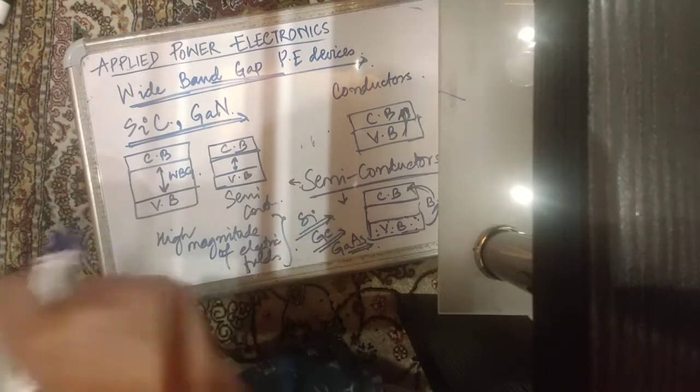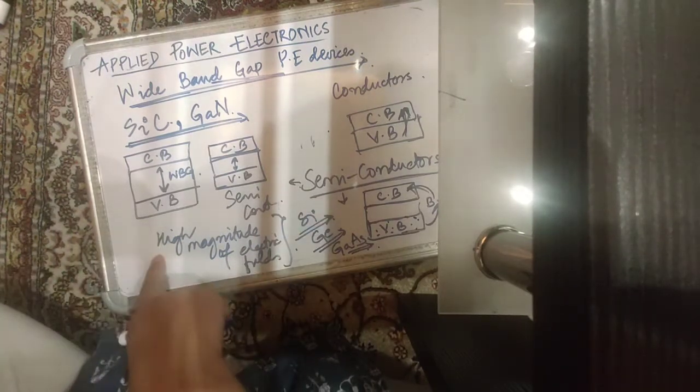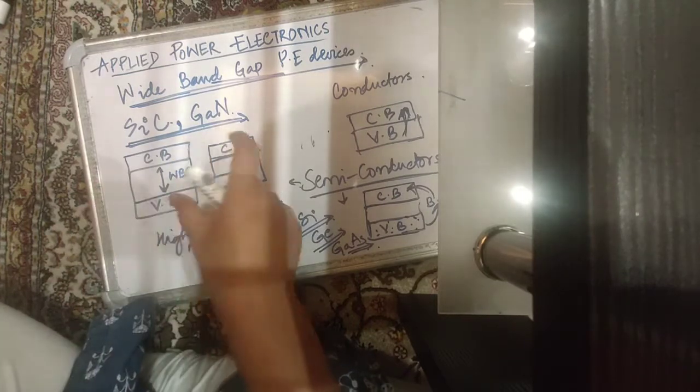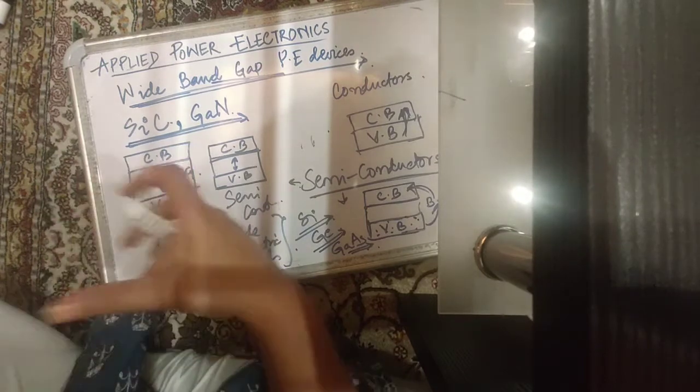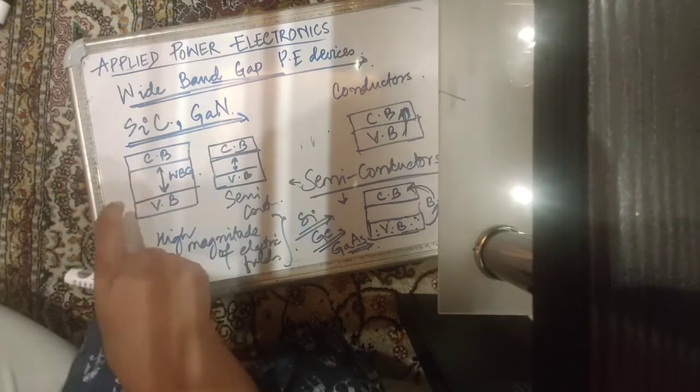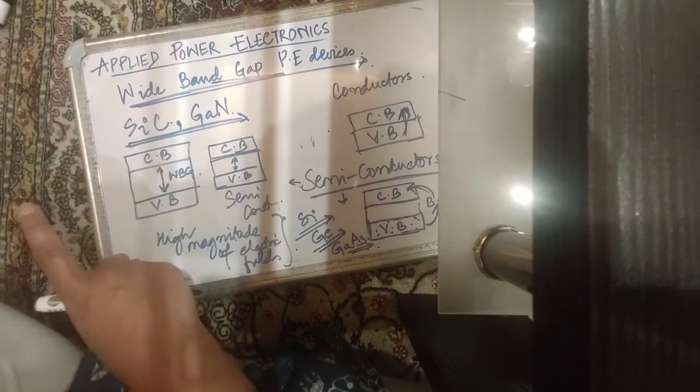In other words, I can say that they have higher voltage blocking capability. Higher magnitude of electric fields को ये withstand कर सकते हैं, यानी कि higher voltages को ये withstand कर सकते हैं, यानी कि इनकी higher voltage blocking capabilities होती हैं.